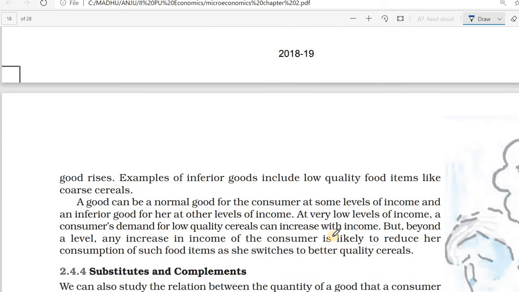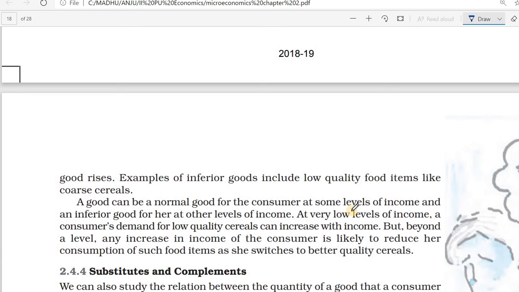Okay, then a good can be normal. When can it be normal? When the price or income increases, we are demanding more quantity, then we can call it a normal good. At a very low level of income, a consumer's demand for low quality cereals can increase with income.